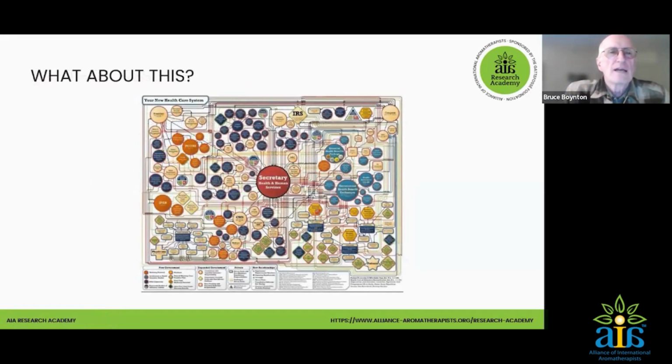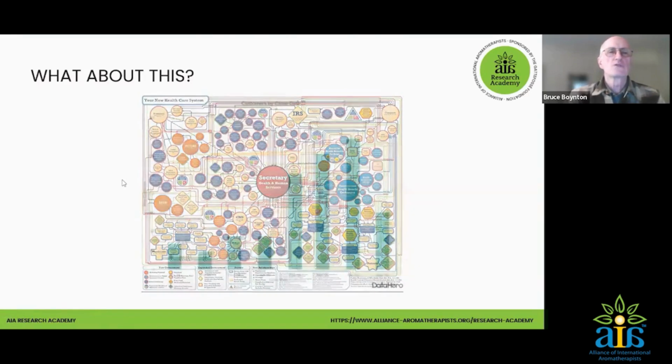All I can tell from this is the Secretary of Health and Human Services has a lot of people reporting to them. But you can't make sense of this. There's too much information. A graph should be able to be understood in 10 seconds. All you can see from this is there's a lot of stuff going on.